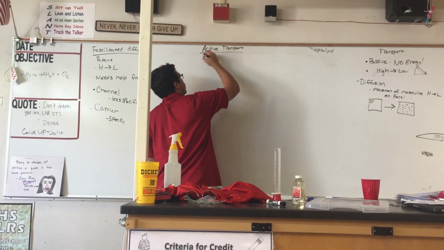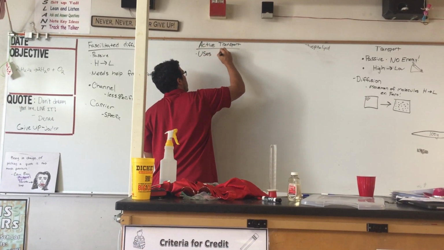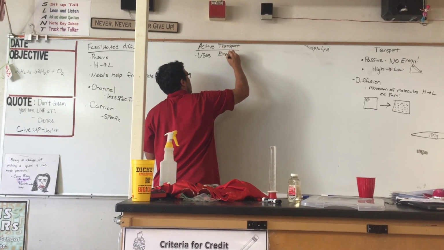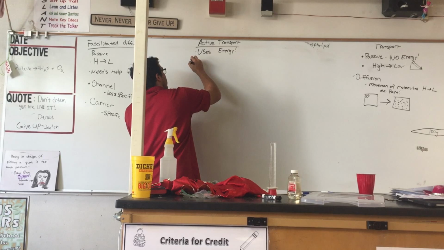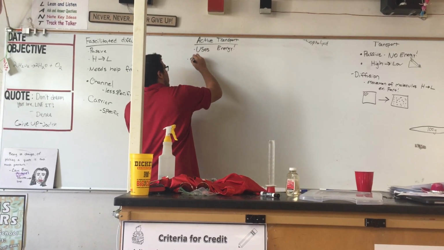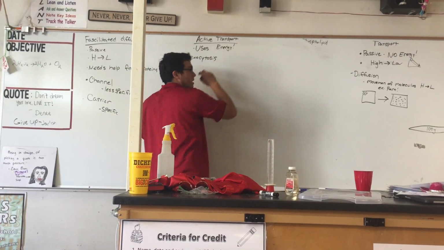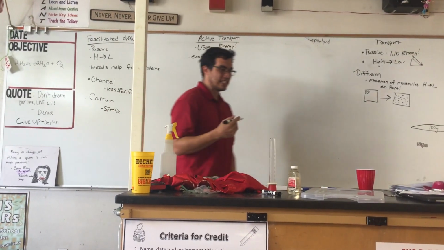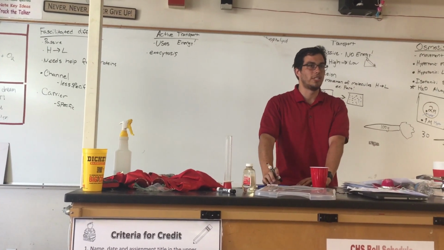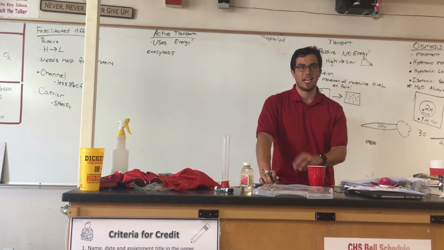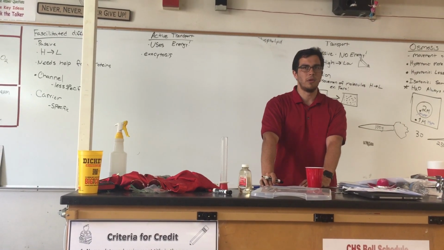Okay, if it's active transport, what does it use? Uses energy. Alright. An example of this is going to be exocytosis. So if I've got something that I need to get out, let's say I made glycolipids or glycoproteins that I need on the outside of the cell, because we said those glycolipids and glycoproteins are used for cell communication and recognition.